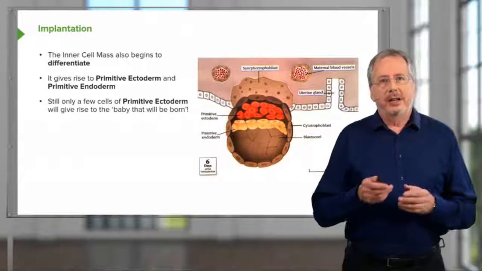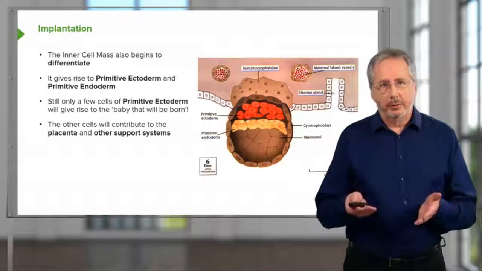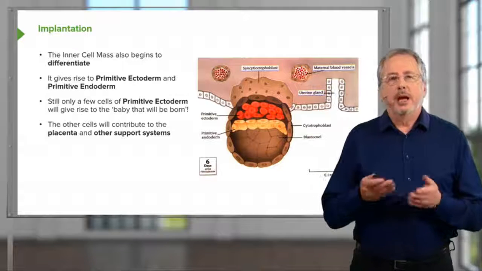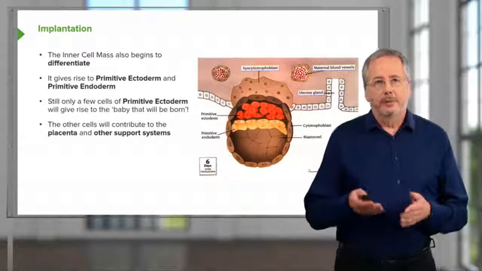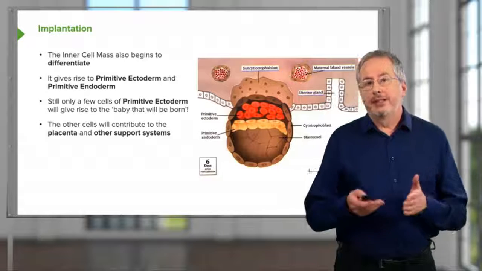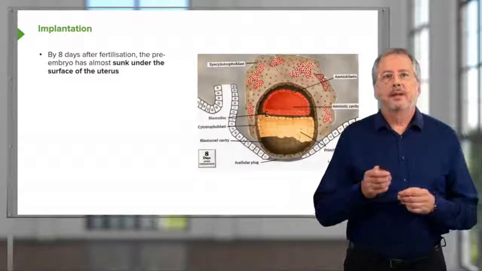So you can see that at these early stages, most of the cells will contribute to the support network, to the placenta and support structures that will help the embryo and then the fetus develop along the way that it ought to do subsequently. So these can be seen as the support cells for the developmental process.